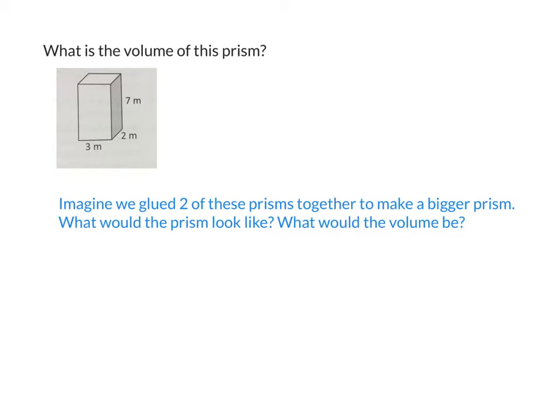To find the volume of this prism, we would multiply the length times the width times the height, right? So 3 times 2 times 7, which is? 42 cubic centimeters. Good, but this time we would see that our units are meters, so it's 42 cubic meters. Now, imagine we took two of these prisms and glued them together. What would the total volume be? 84.